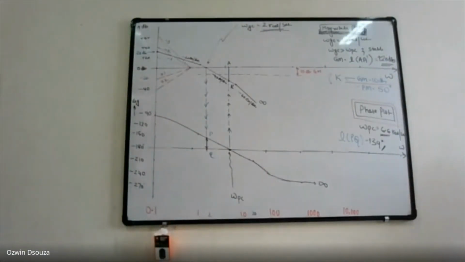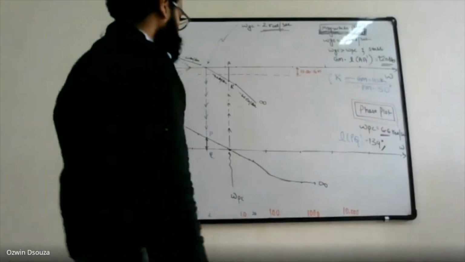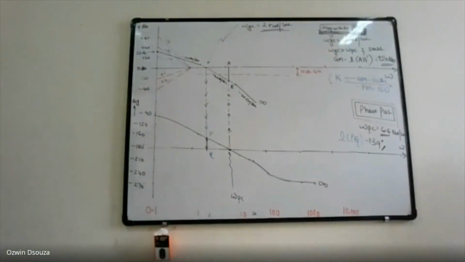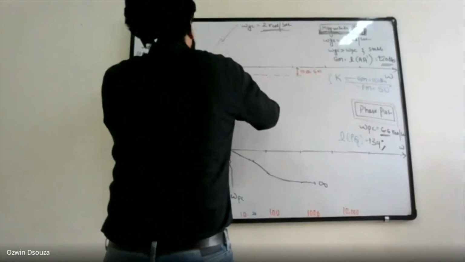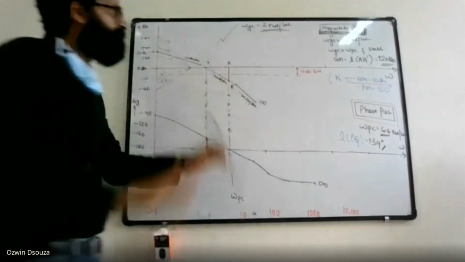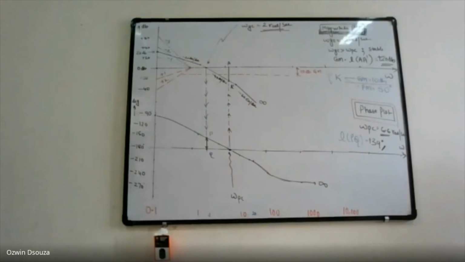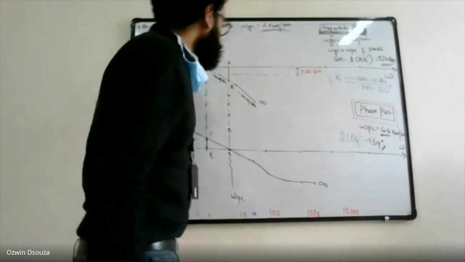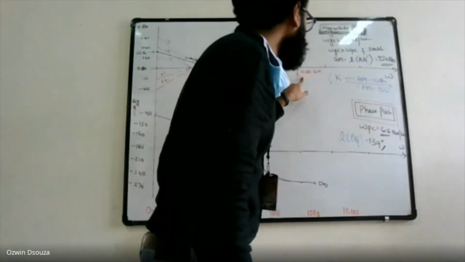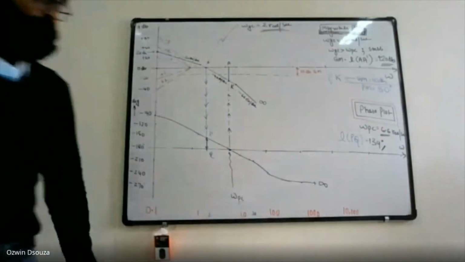This is given in detail in the notes. So the first step is to mark the 10 dB line. And why did you get 10 dB? Because it is given so.